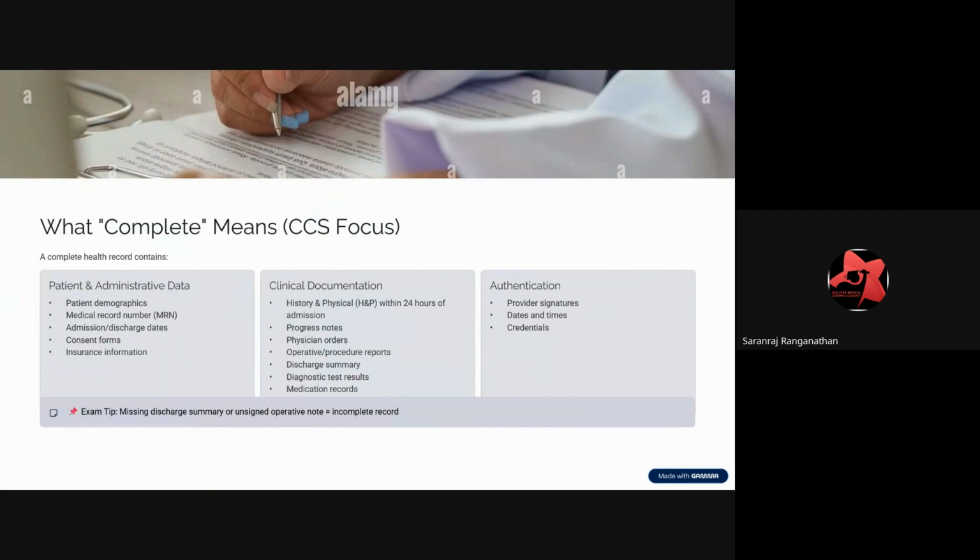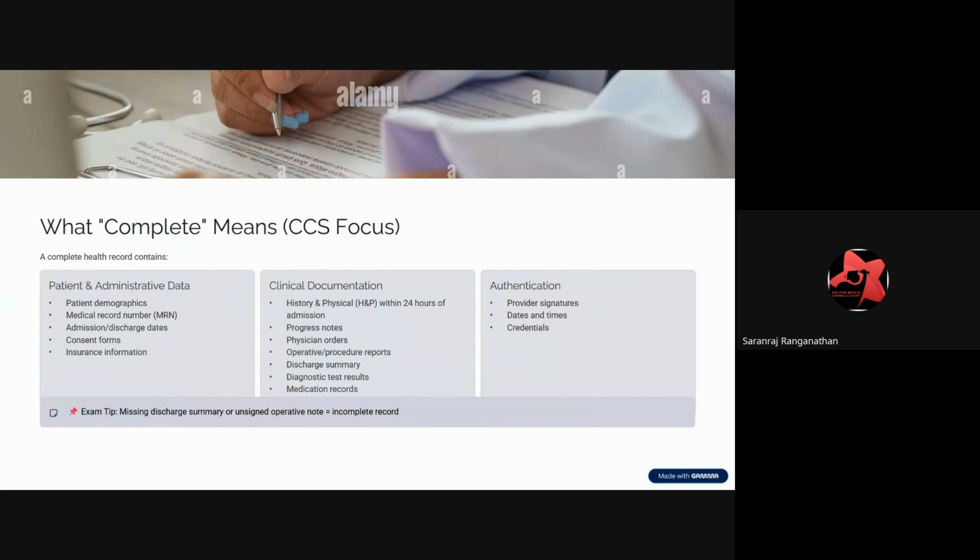In clinical documentation: patient history, old records, old progress notes, new progress notes, physician order notes, discharge summary, lab tests, medical tests, any secondary opinion, consultations, and observation documentation. All together we call this clinical documentation.